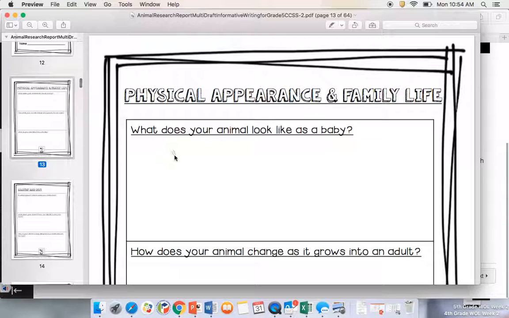So you're going to be talking about your animal's adaptations, appearance, their food, how they get their food, and how they protect themselves. So in your introductory paragraph, you want to give 1 to 2 sentences explaining what you're talking about with your animal. You are going to introduce your animal, but you also need to explain what you're going to be talking about.